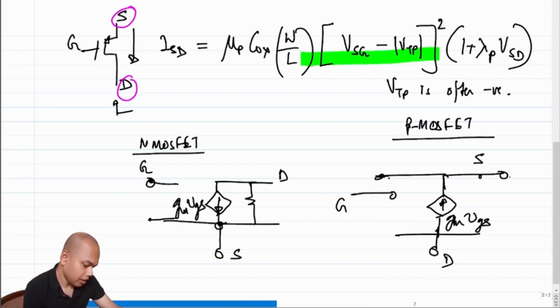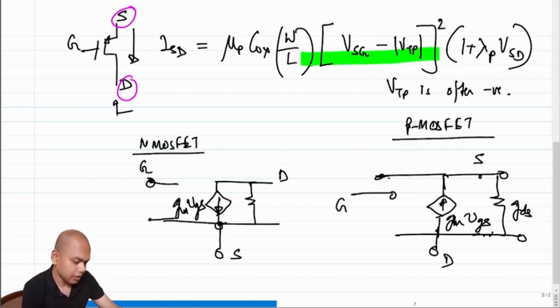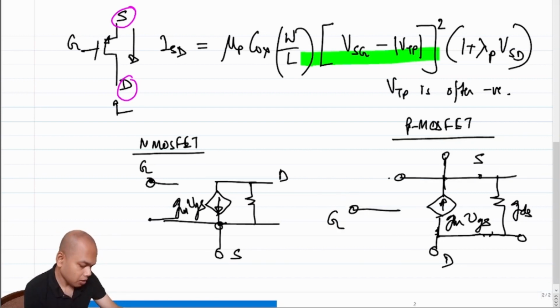And then we'll have this resistance here, which is again RDS. So these two incremental models are broadly the same thing.